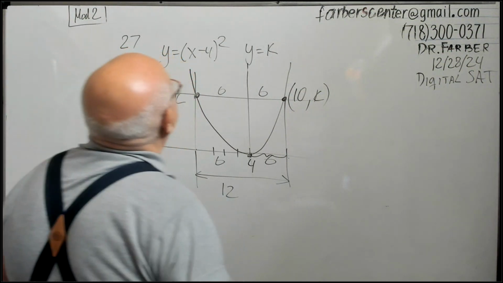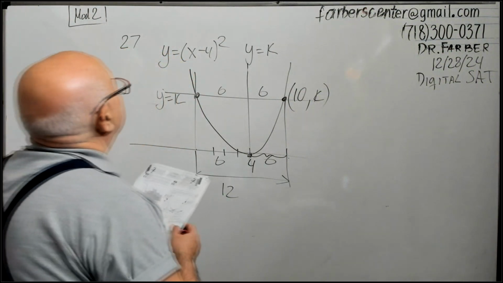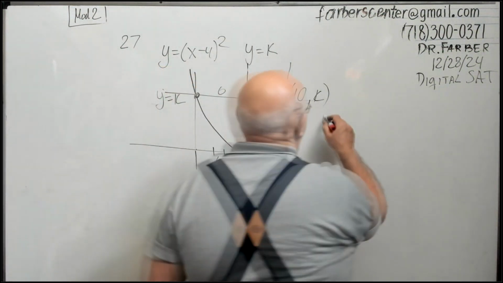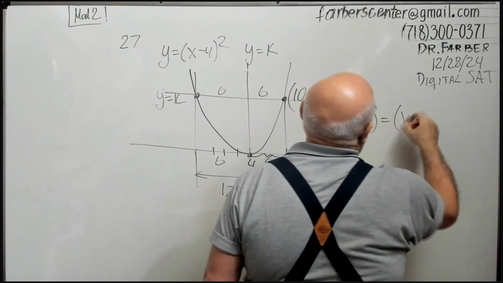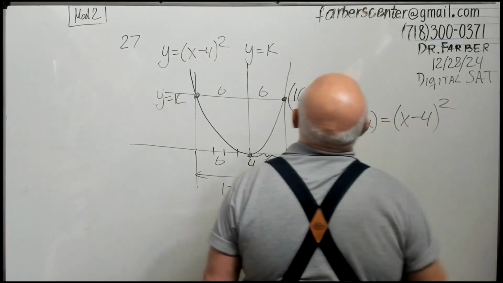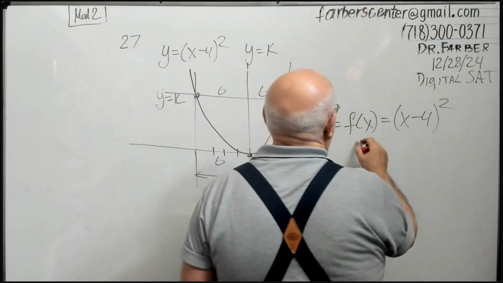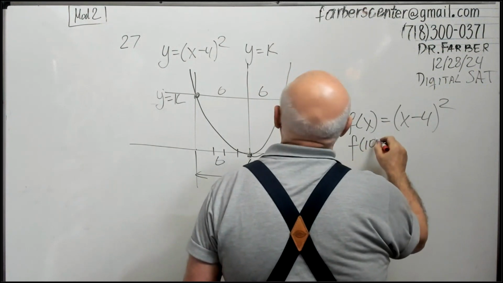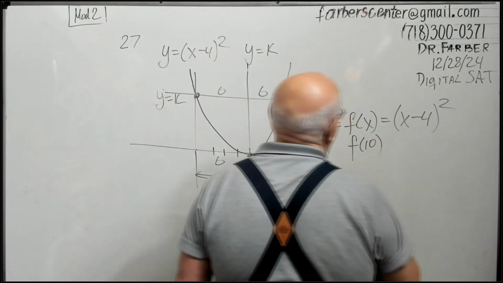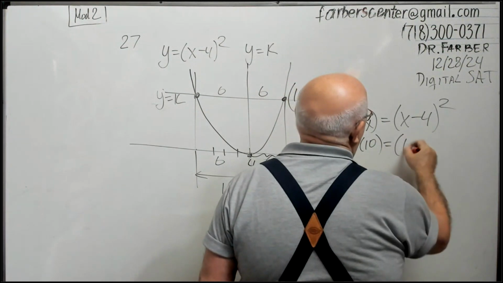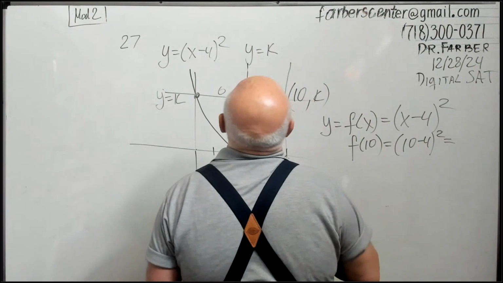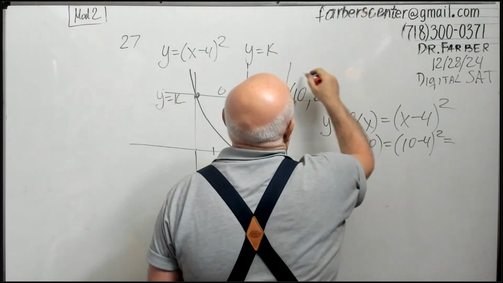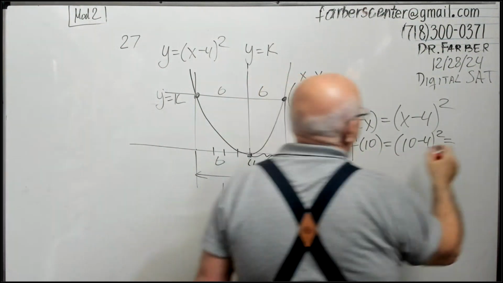Well, how to do this? If you have y equals f of x equals x minus 4 to the second power, when x equals 10, 10 minus 4 to the second power, and y equals k, because this is x, this is y, ordered pair, this is k.